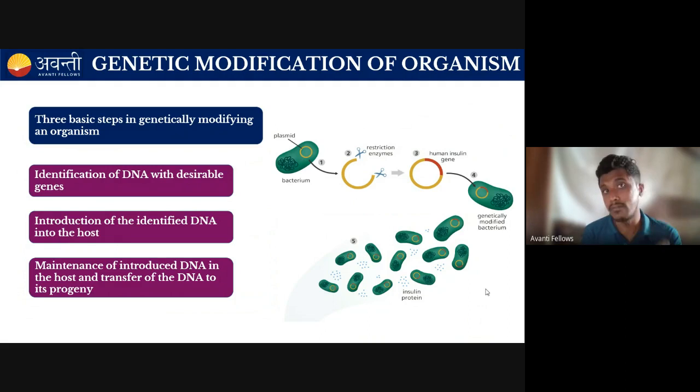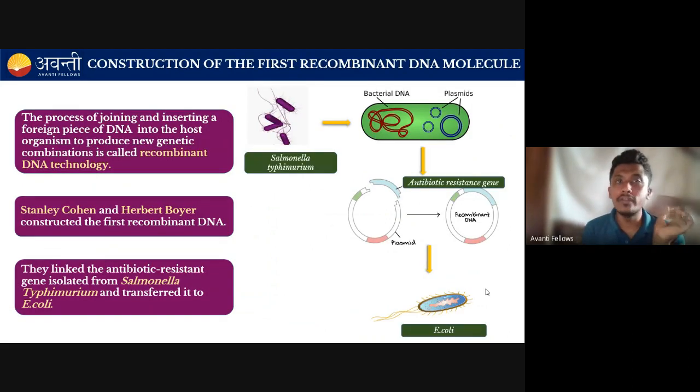So that is very, very important: whether it has my gene of interest, whether it can produce a desired product, and whether it can multiply itself into copies or make generations of itself. So these three are important aspects of creating a genetically modified organism. After that, we have several steps and we'll discuss further about it. Once we have these three things, then we are good to go.